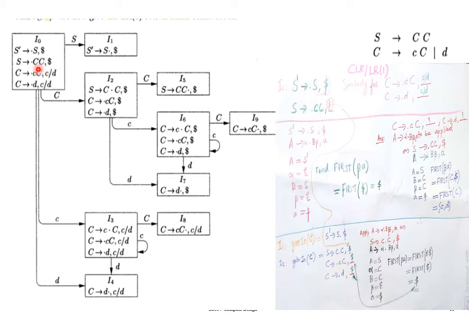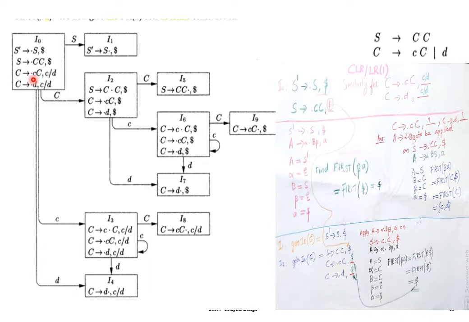Yes, it is given here. Sorry, A gives alpha dot B beta comma a. That is, B is capital C and beta is capital C, and a corresponds to dollar. So capital A corresponds to S, capital B corresponds to C, beta corresponds to C, a corresponds to dollar.